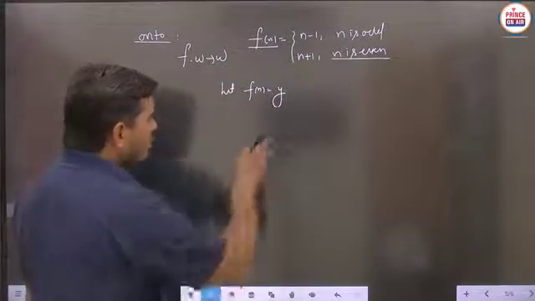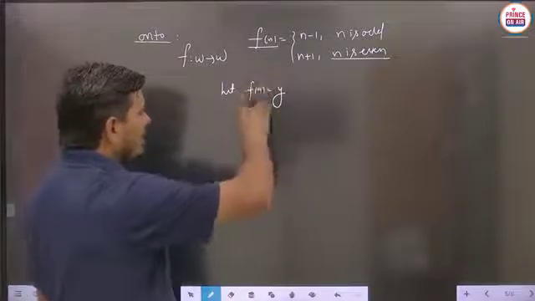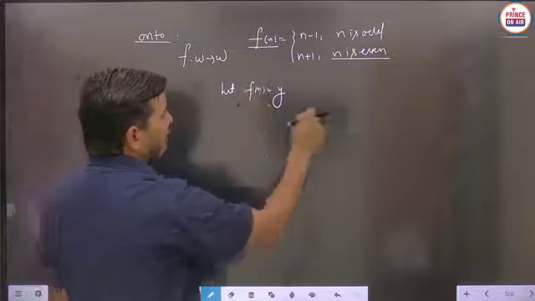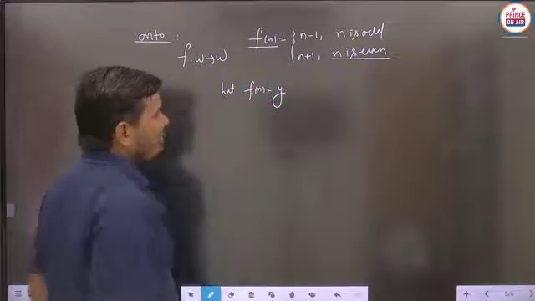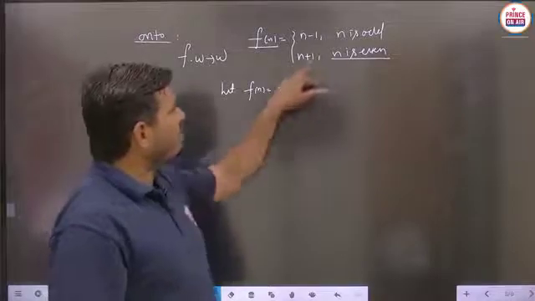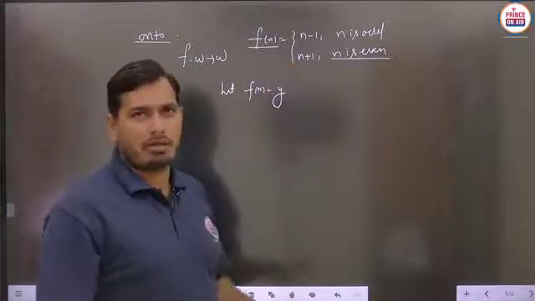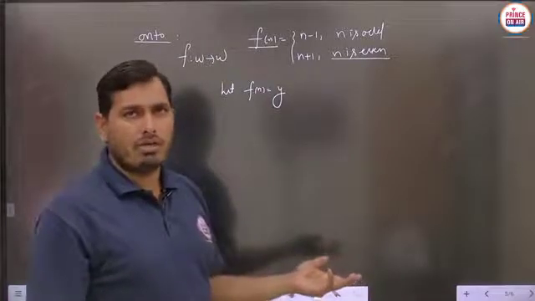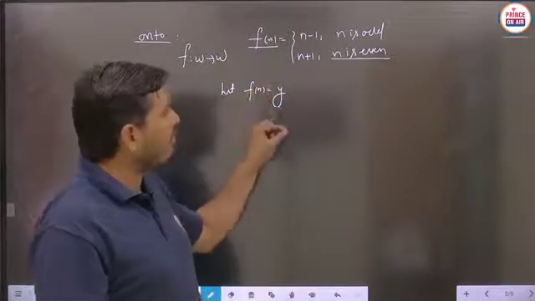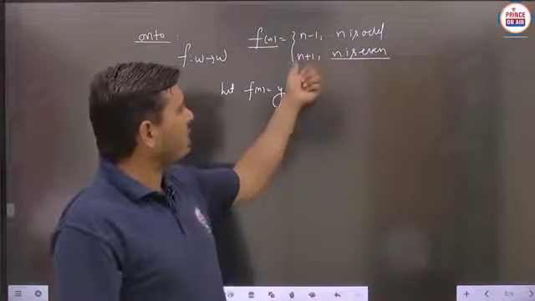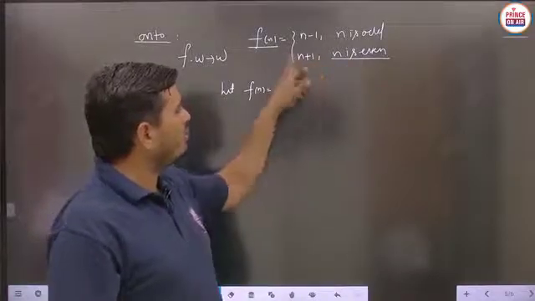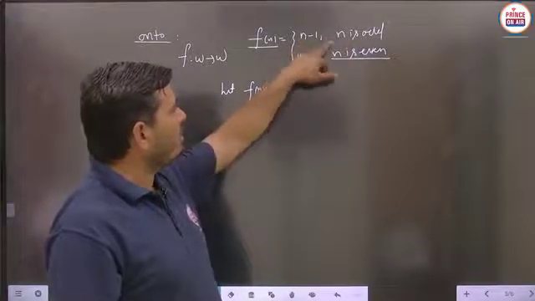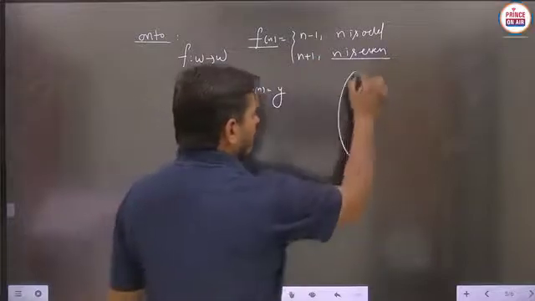The most important part, students, is that if any even number is put here, then you get an odd number. And all the odd numbers are in the set of whole numbers. Whenever n is provided as 0, then we take 1, suppose we make the mapping like this.